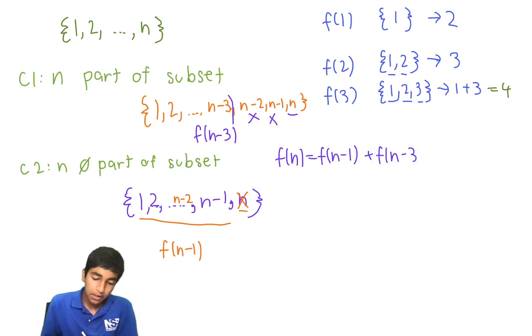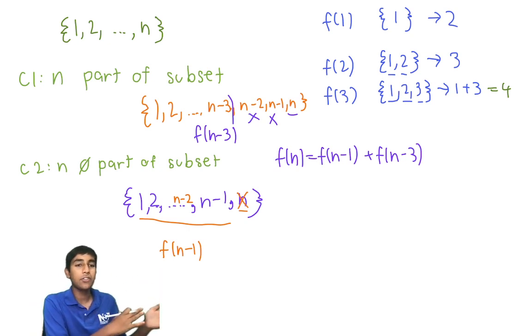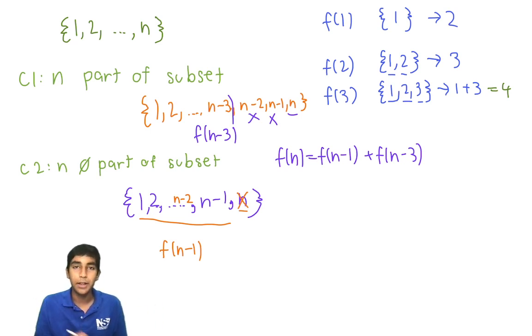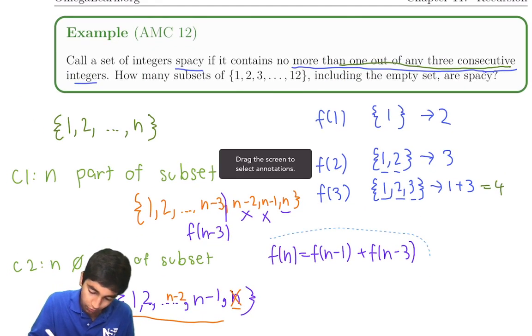So to recap, we looked at the 2 cases: n is part of the subset and not part of the subset. If it's not, 1 through n minus 1 can be whatever they'd like. If it is, n minus 2 and n minus 1 can't, but anything left not part of the 3 consecutive integers can, f of n minus 3. Now we just iteratively keep going until we get to 12.